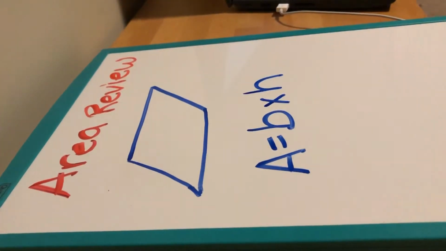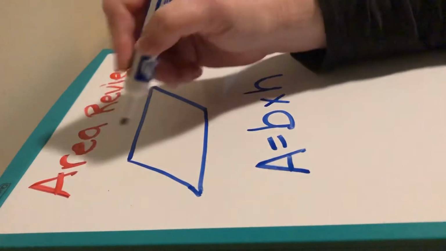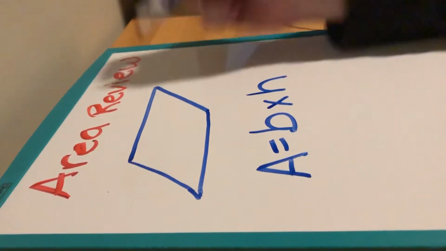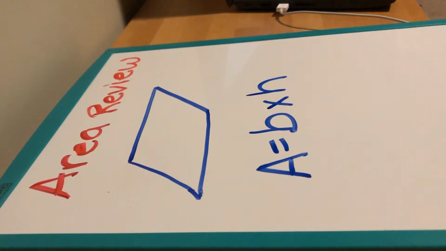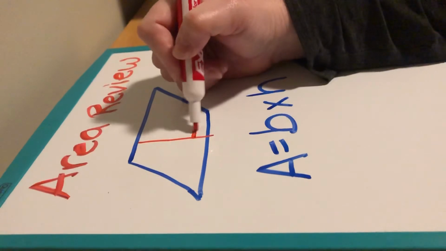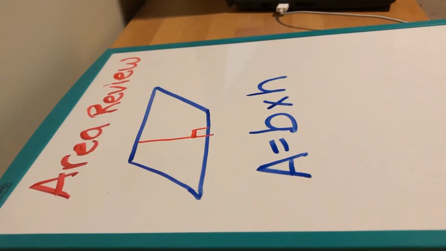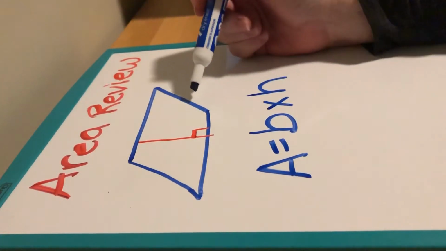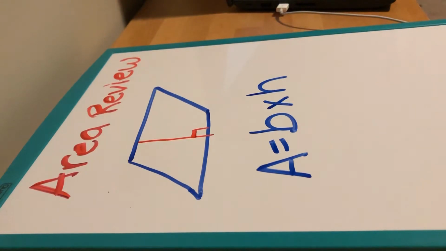And the only thing you really need to remember about the height is that it needs to be not the diagonal line here, but in fact it needs to be a straight uppy-downy line that is perpendicular to the base, because we know that diagonal lines are longer than straight uppy-downy lines. And so we need the straight.